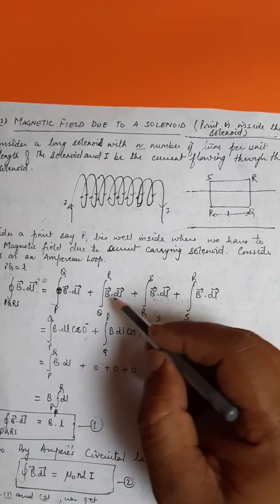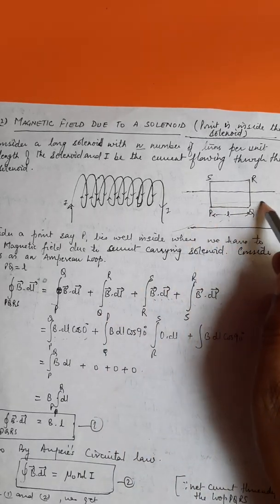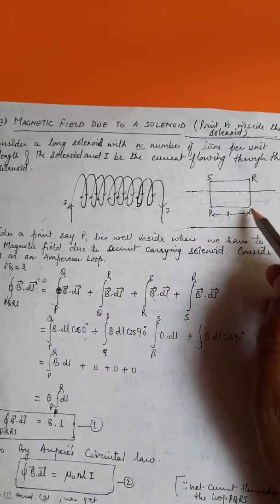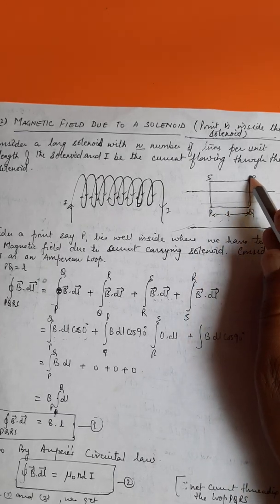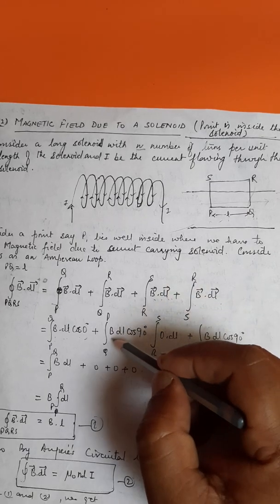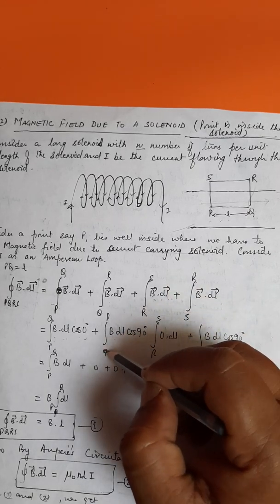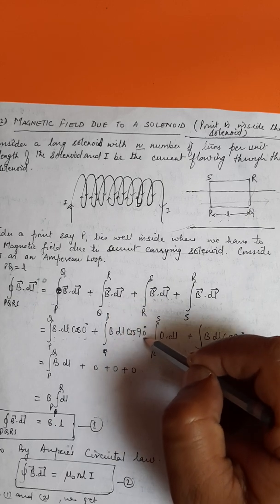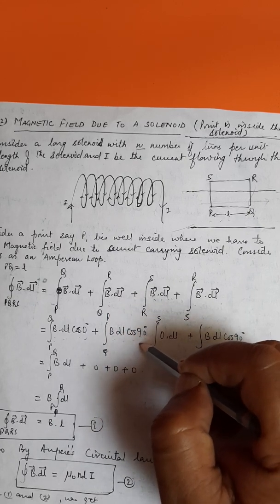Plus, for path QR, the magnetic field is parallel to the axis and this path is perpendicular, so the angle between B and dl will be 90 degrees. So we write B dl cos 90.